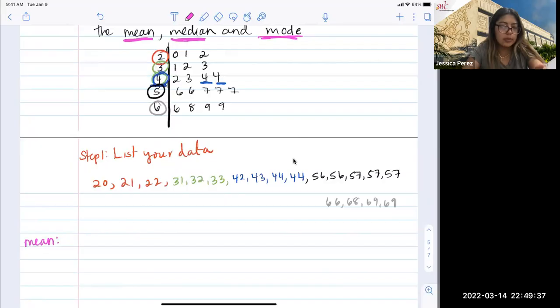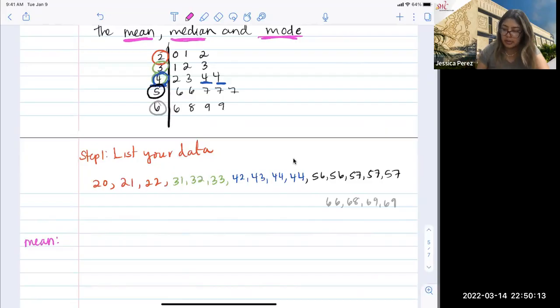I'll have 20 plus 21 plus 22 plus 31 plus 32 plus 33 plus 42 plus 43 plus 44 plus 44 plus 56 plus 56 plus 57 plus 57 plus another 57 plus 66 plus 68 plus 69 plus 69.